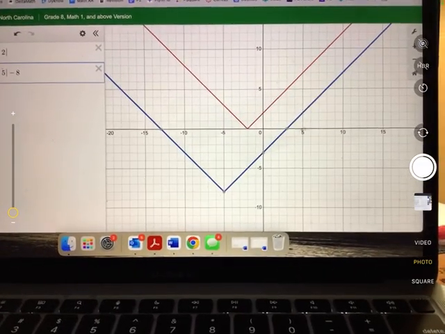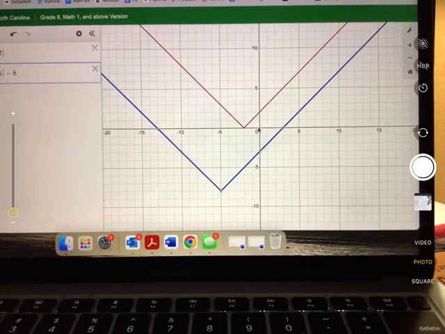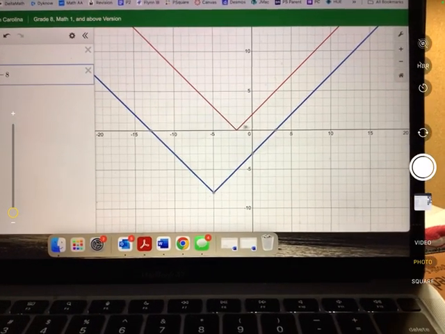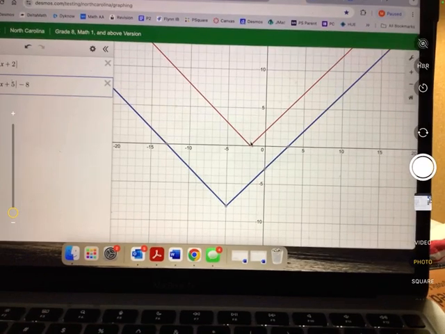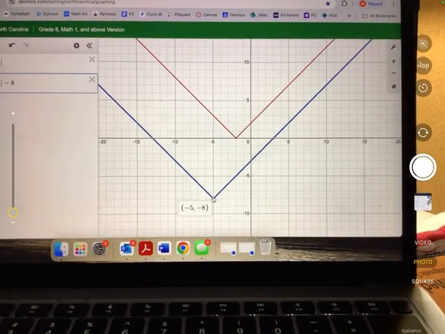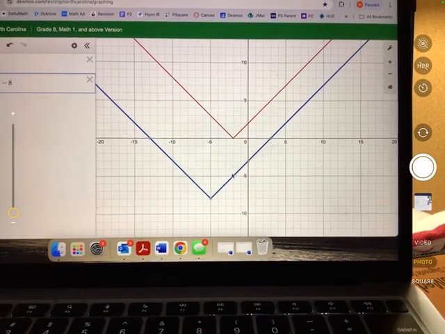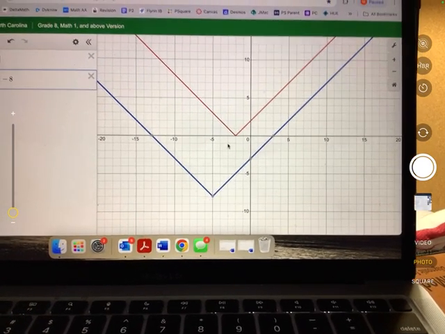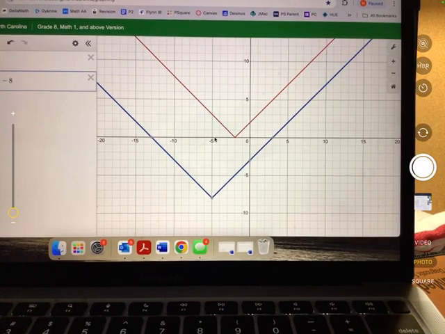I want the screen that has a 5 and a 10 on it. And then I'm going to count. So from red to blue, I am very clearly going down and left. I am going down to -8 and left. It looks like just 3 units left. So down 8 and left 3.